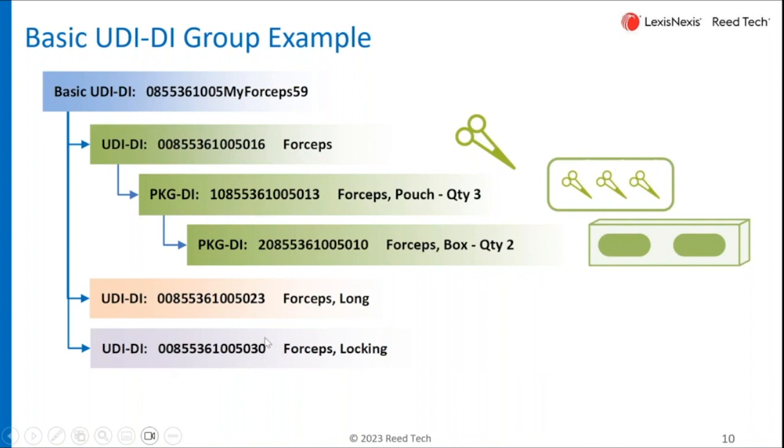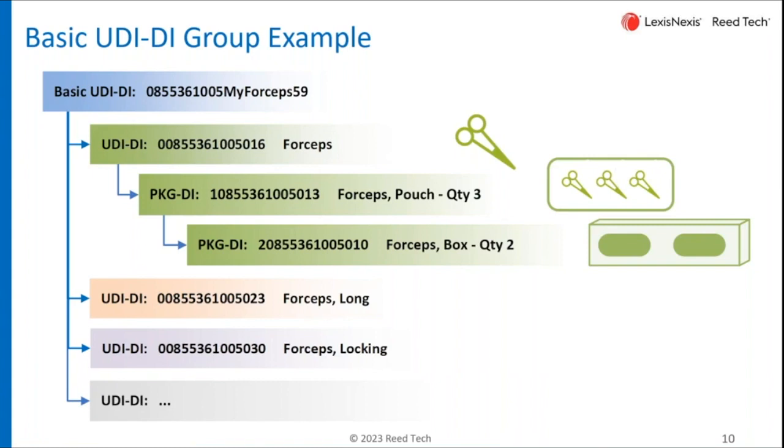But obviously, the check digit needs to be updated, and it goes on and on. Now, that is what you will eventually have in place when you create your basic UDI and assign. In this particular example, I have 3 or more particular forceps inside my group. So hopefully that puts a little bit of illustrative explanation to the concept of basic UDI DI.